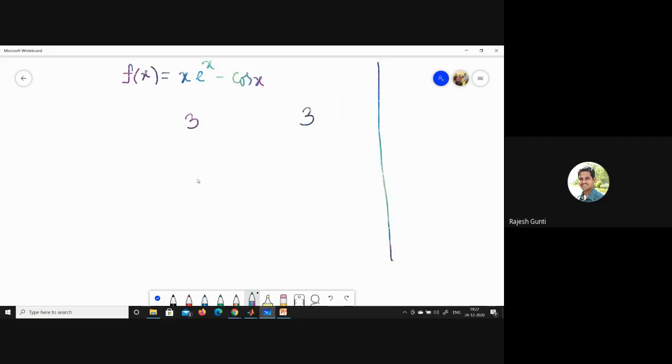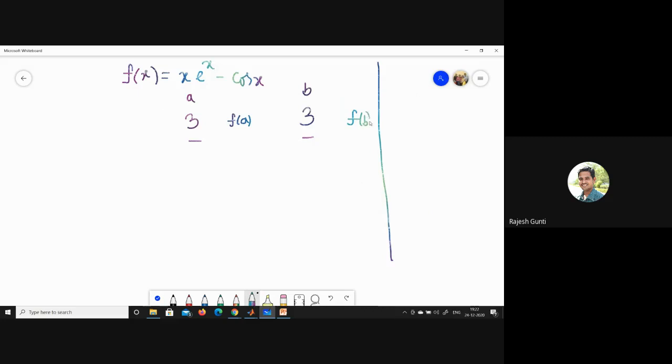A is equal to 3. It writes the function value. Next, what does MATLAB do? This is A, this is B. Function value at A, f of A, and function value at B. Both are the same now, remember.